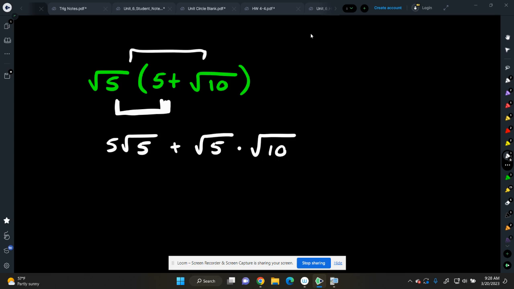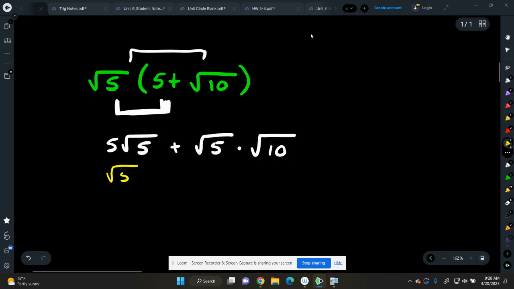That is important. We don't want to write the square root of 5 times 5 like that. Anybody know why? Because it looks like the 5 is inside. We don't want to have it where we're not sure if it's inside there or not. So when it's like that, we always want to put the number in front.